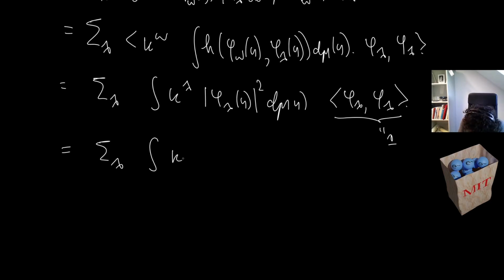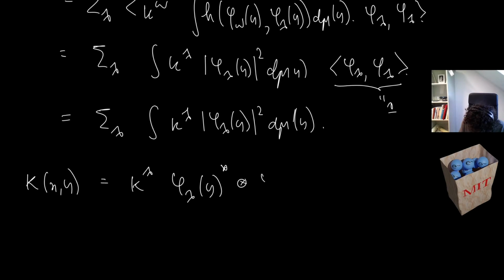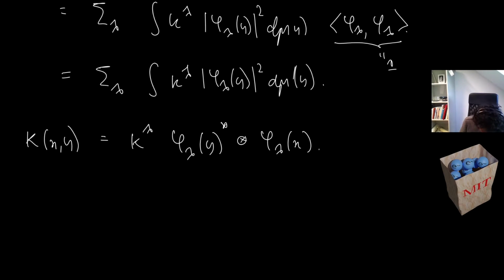But I want to write it in this way for the following reason. If we now take the kernel k(x,y), which is equal to phi_lambda*(y) tensor phi_lambda(x), and I take a trace of this, maybe I could have written this without that factor, since this also integrates to 1.